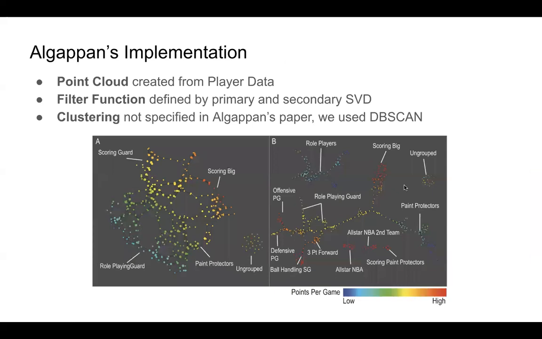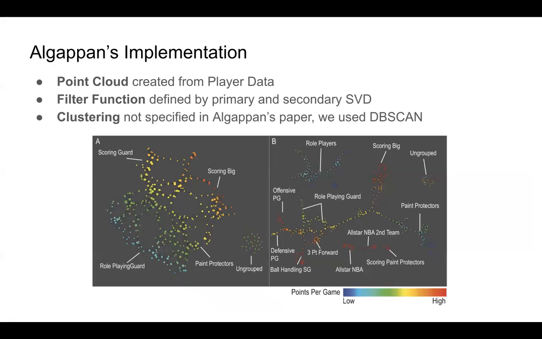So Alagappan constructed performance profiles for each of the 452 players in the NBA using the data from the 2010 to 2011 NBA season, with each player forming a point cloud. His clustering methods weren't specified in his paper. We used DBSCAN, and the filter functions were defined by primary and secondary SVD.